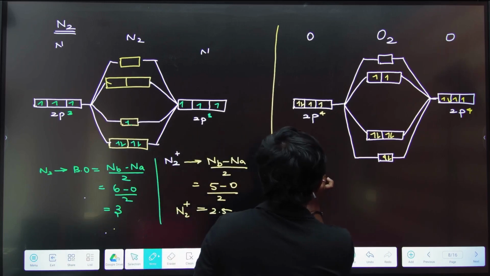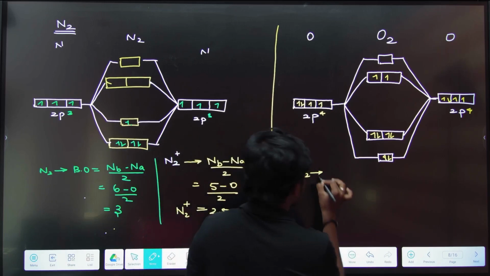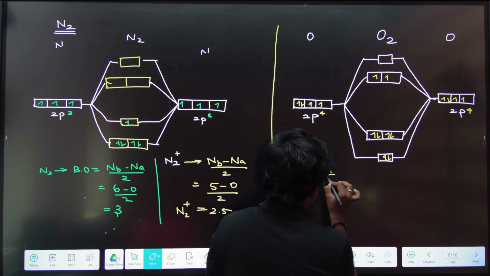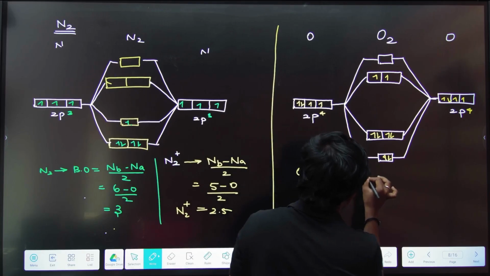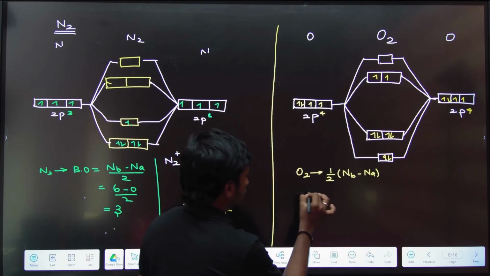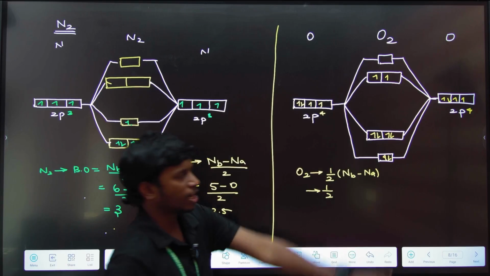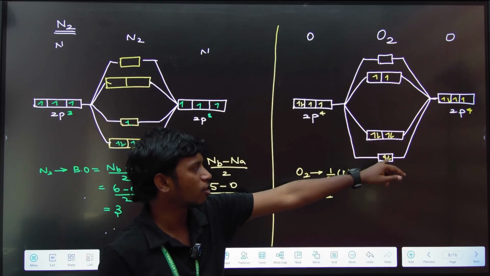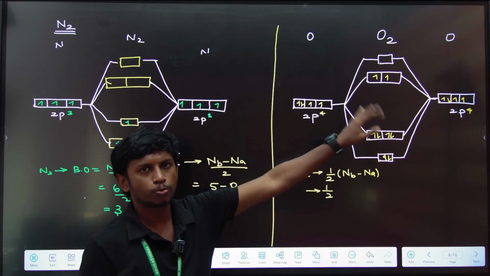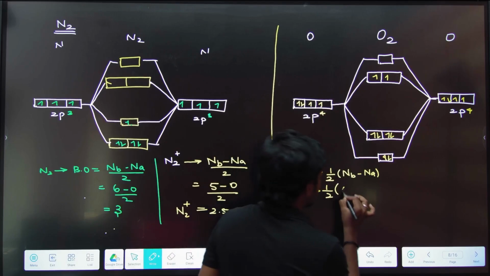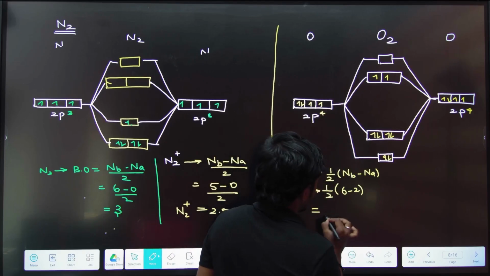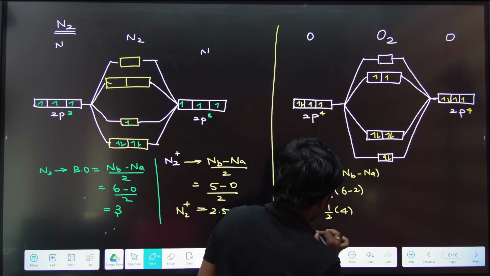Then what about the bond order of oxygen? It is half into Nb minus Na, the number of electrons in bonding minus the number of electrons in anti-bonding. In bonding there are 2 plus 2 plus 2, 6 electrons, 6 minus 2, which means half into 4, that is equal to 2.